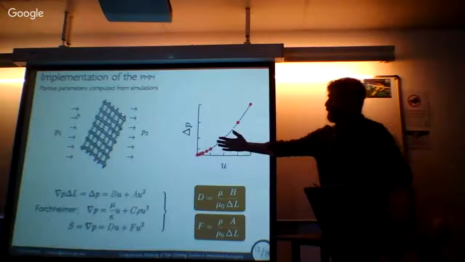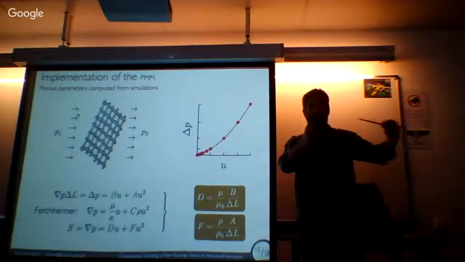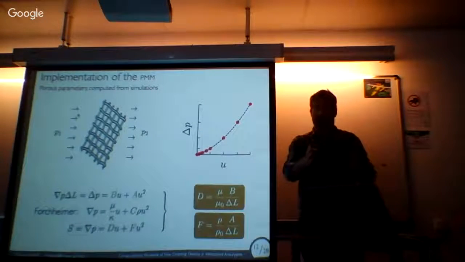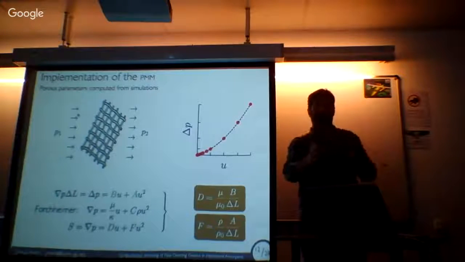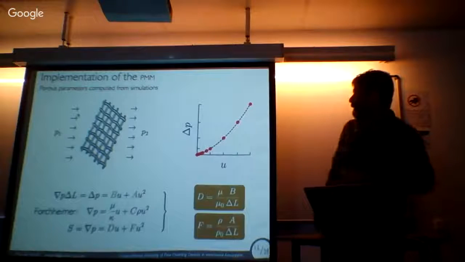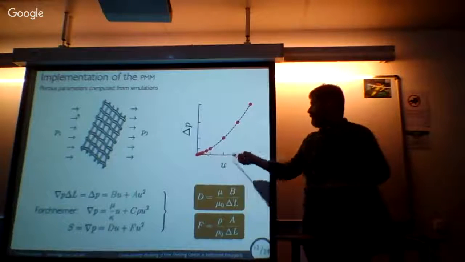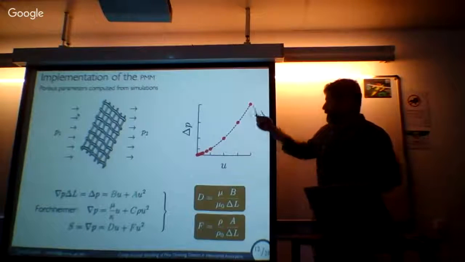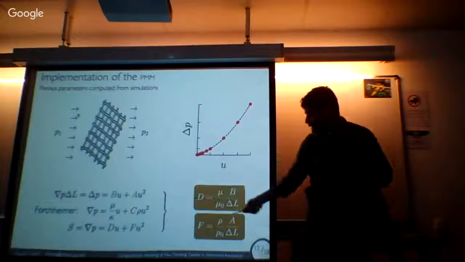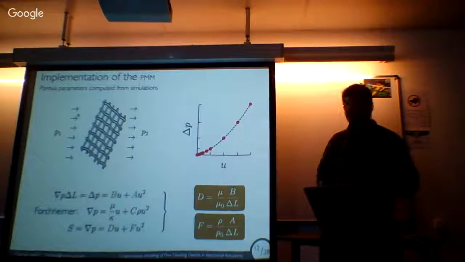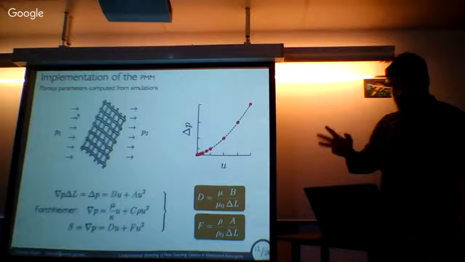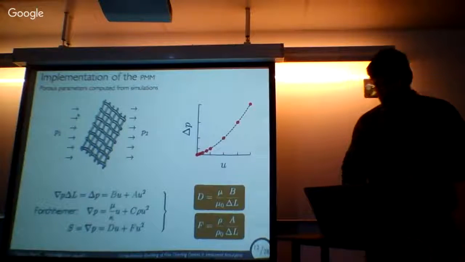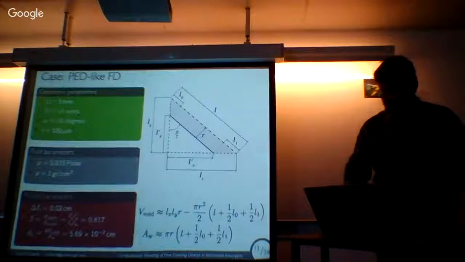In this case, we have the mesh and a flow going through it, and we just need to measure the pressure drop before and after the mesh. We construct this curve, and based on this curve, we can obtain our D and F parameters. So we have both ways, and both work pretty well.